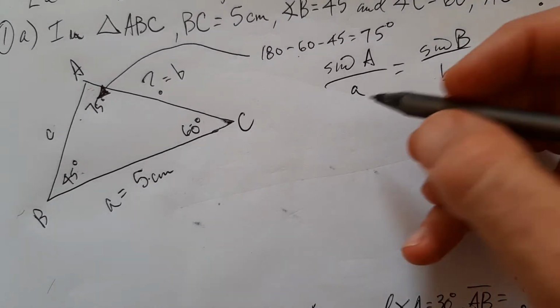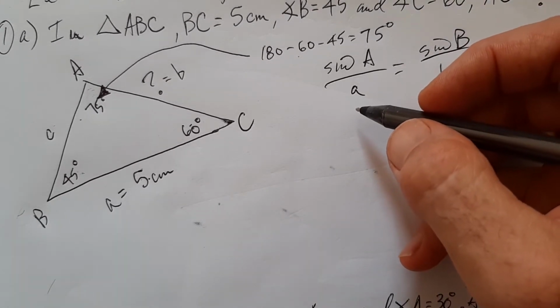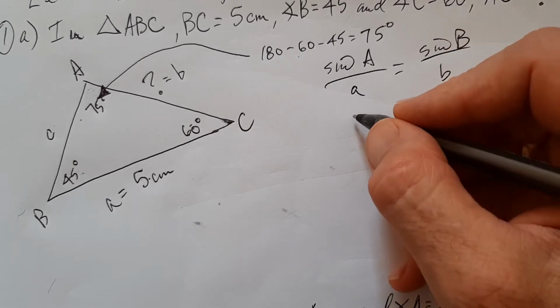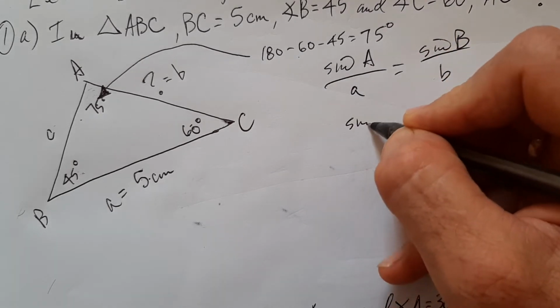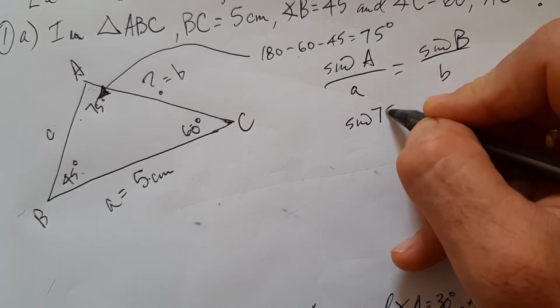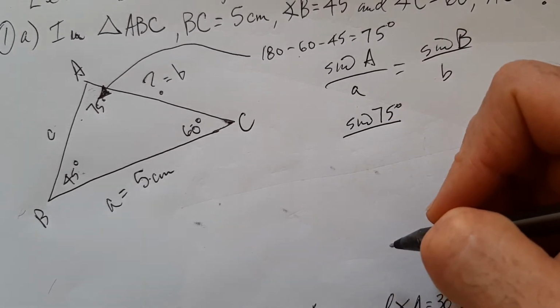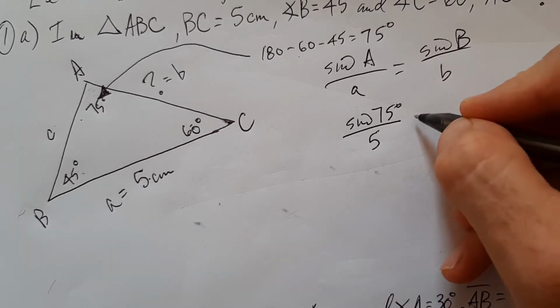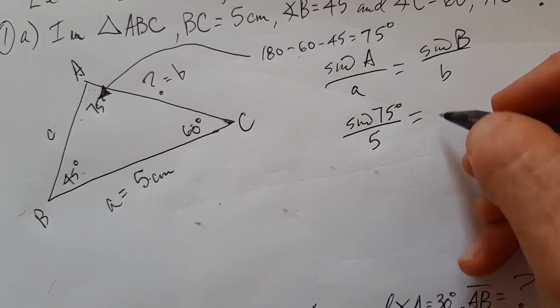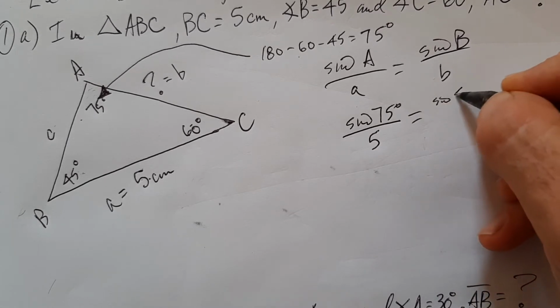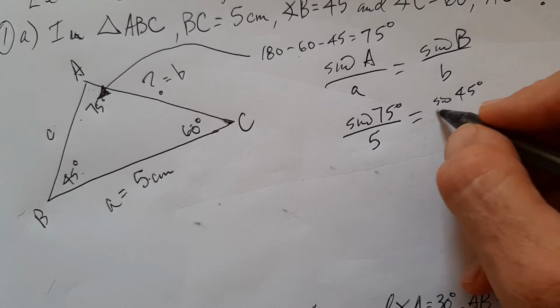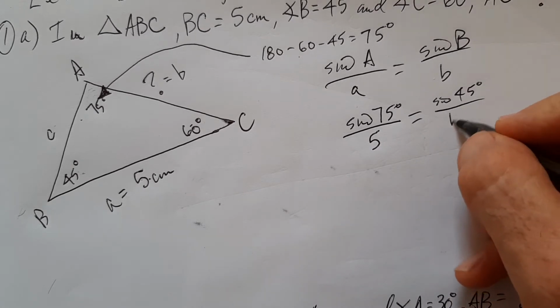So let's substitute now. All you got to do is substitute and solve. Sine of 75 degrees over 5 equals sine of 45 degrees over little b.